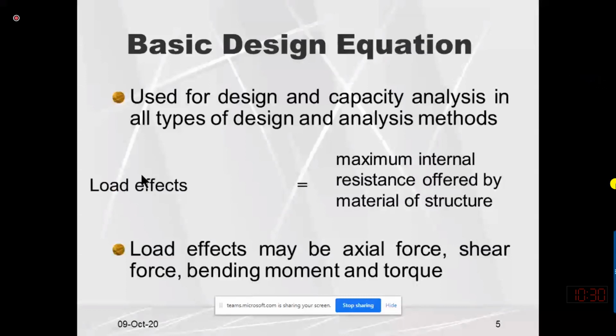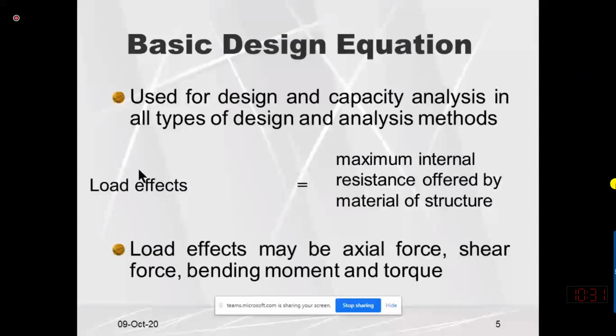This load may be a bending moment, this load may be point load, and this load may be shear force. So we want to compare this load effect with the maximum internal resistance offered by a material, shape of a material. Here I'm using a word resistance offered by a shape of material, not a material.